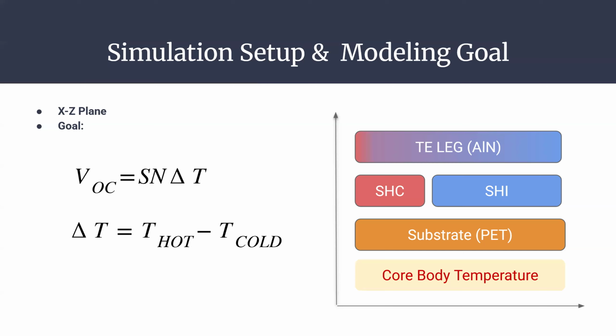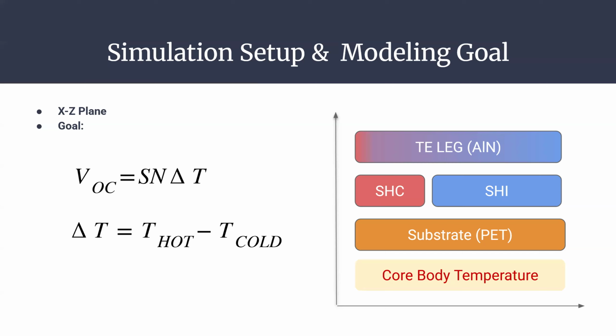The hot end lies on top of the SHC, and the cold end lies on top of the SHI. Due to the temperature difference, we have an open circuit voltage induced in this TE leg, which in turn produces power output when there's an electrical load connected to the circuit.